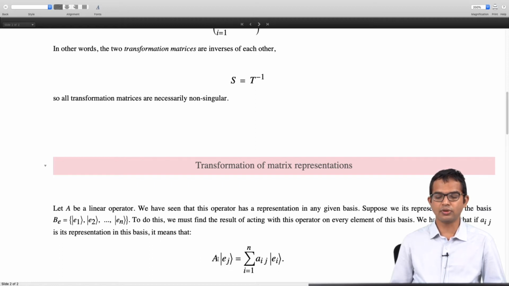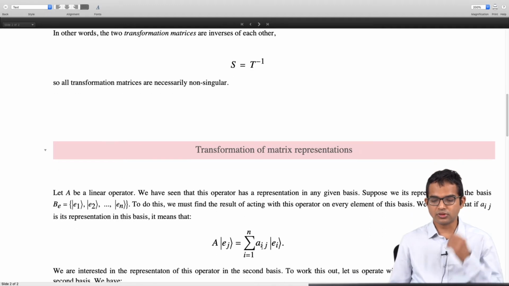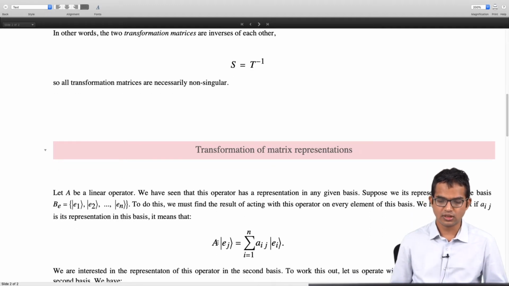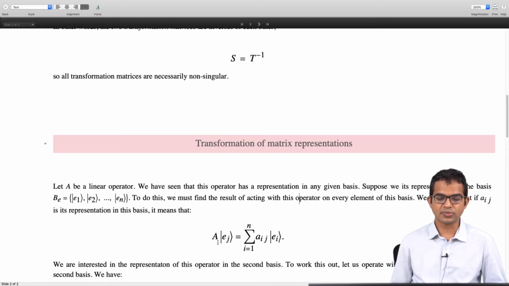So you explicitly work out what the operator A does to each of the vectors in this basis, and basically you need to find all these coefficients Aij. This is the representation for this operator in this basis, and likewise there is a representation for the same operator in a different basis, the other basis which I have called BF.